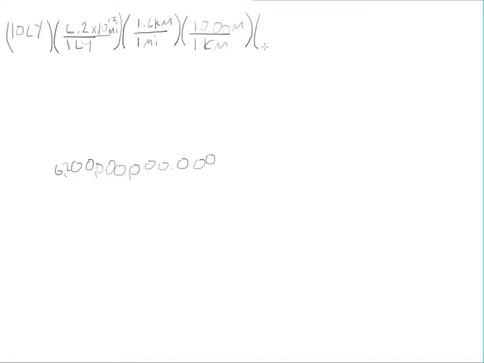But we're just going to nanometers, right? So let's say in 1 nanometer, there's 1.0 times 10 to the negative 9 meters.